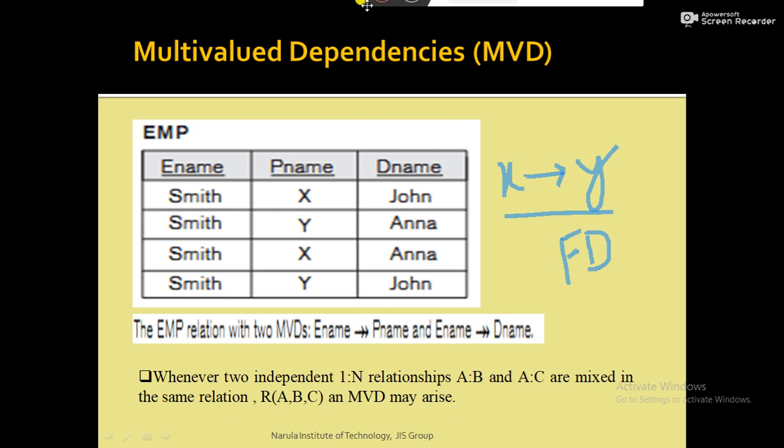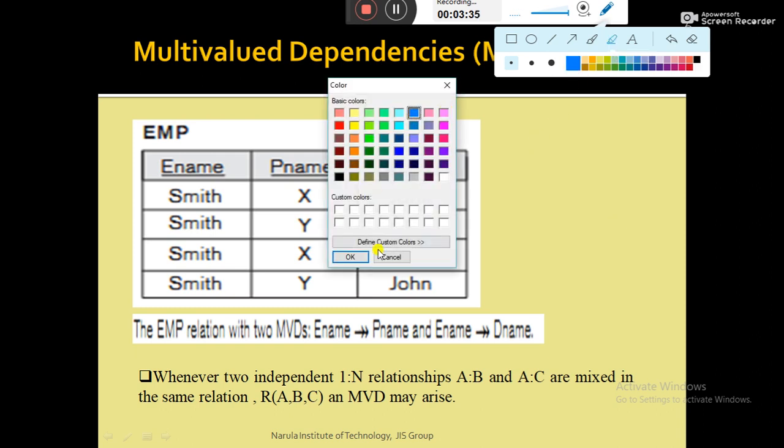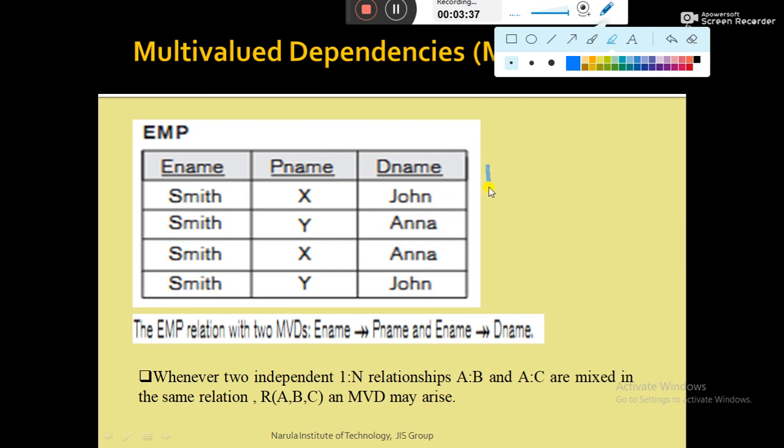Let's clear the screen. Now can we write ename, in short I am writing en, arrow pname, pname I am writing here in short pn?